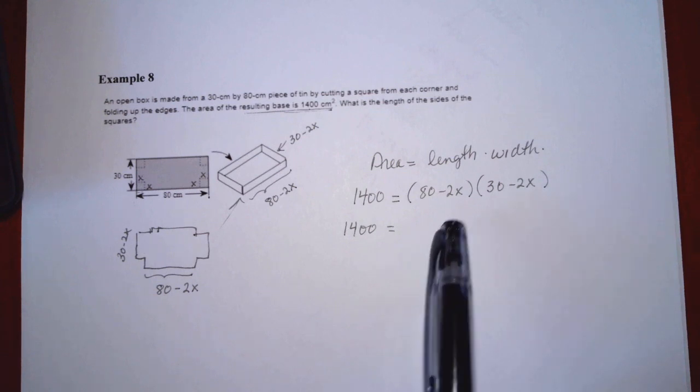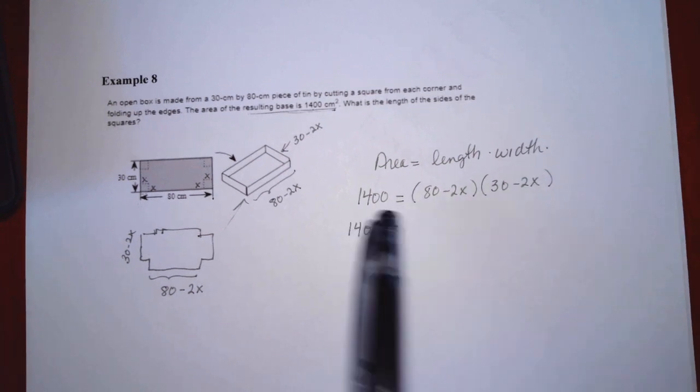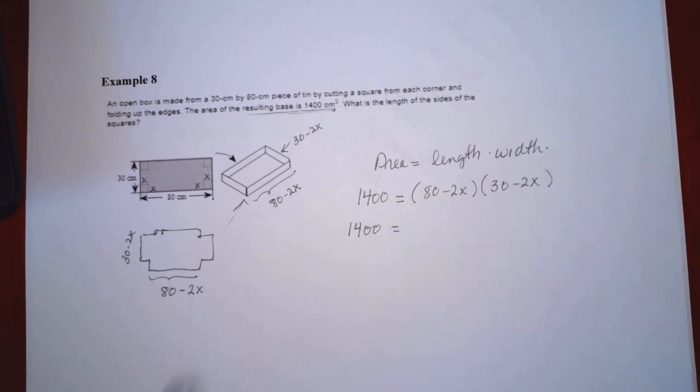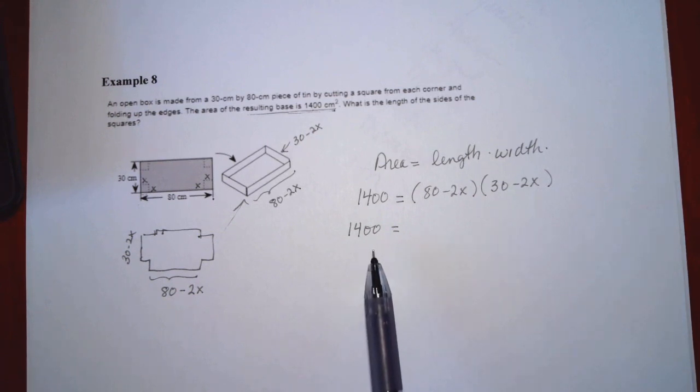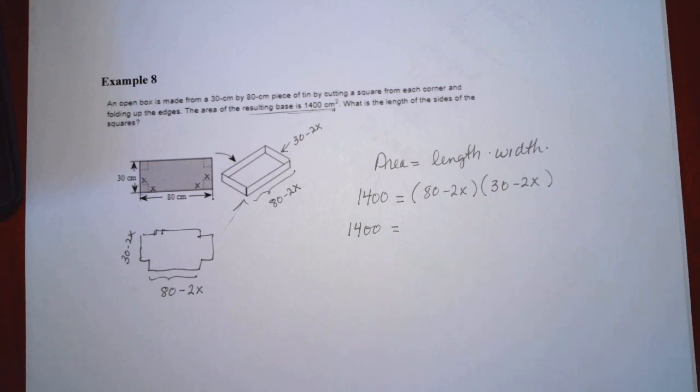Why could I not just set 80 minus 2x equal to 1400 and 30 minus 2x equal to 1400? I may not have asked that question very well.